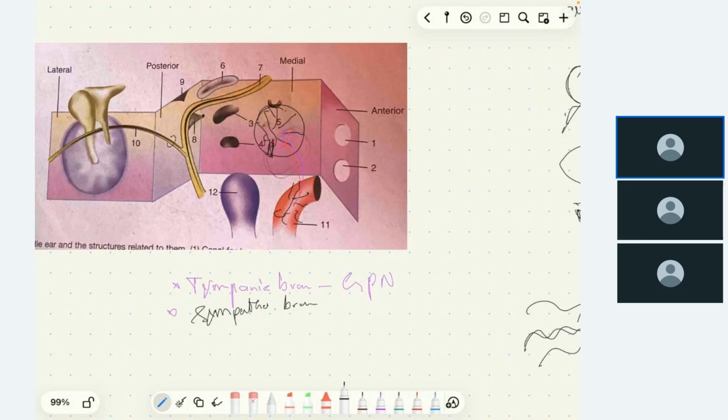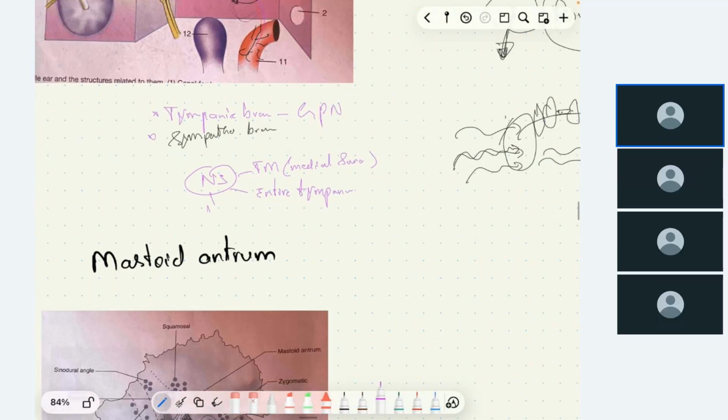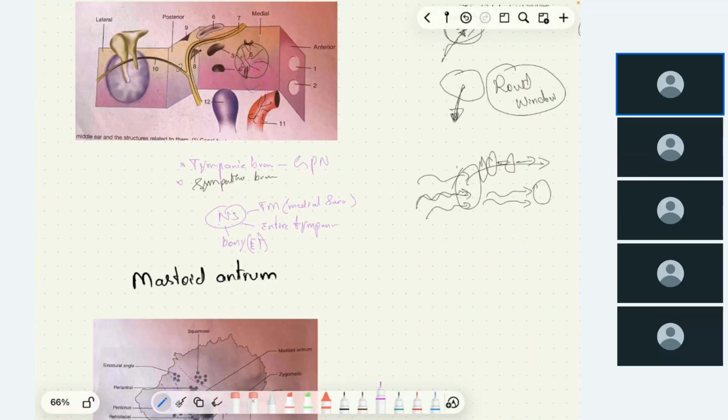The entire middle ear cleft, that is the tympanum, the medial surface of the tympanic membrane, the entire tympanum, that is the middle ear cavity, and also the bony part of the eustachian tube is supplied by the tympanic plexus.